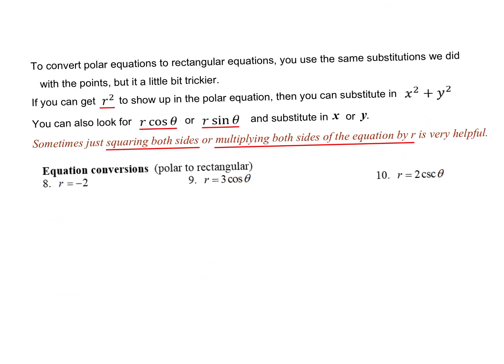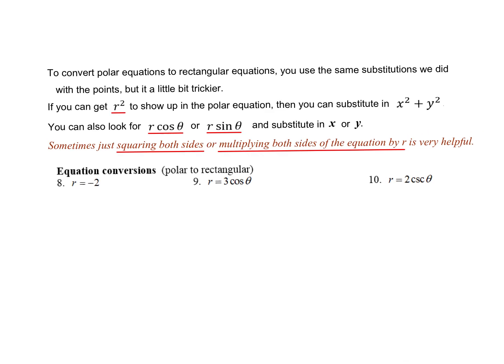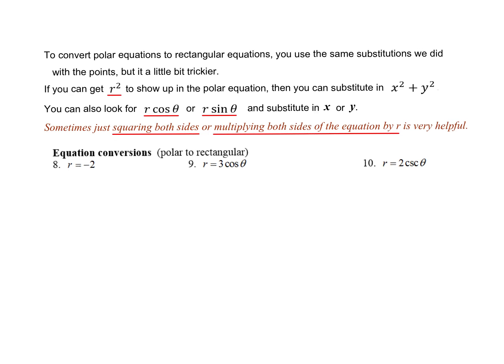Okay, so going to polar from rectangular, I think is super easy because you either take the x's and y's and put in r cosine of theta or r sine of theta, and if you see an x squared plus y squared, you put in the r squared. That's pretty basic, right? Go in the other direction, you have to think a little bit more out of the box.